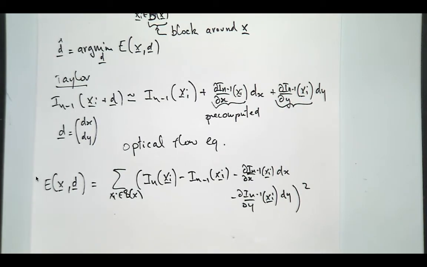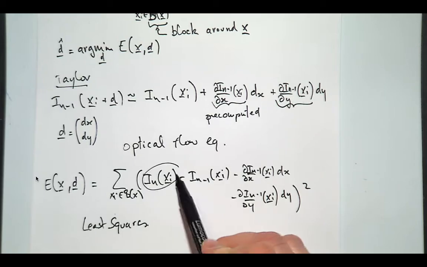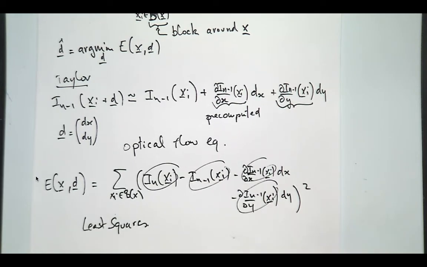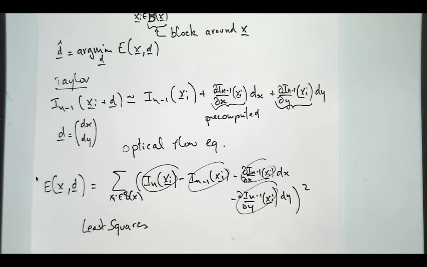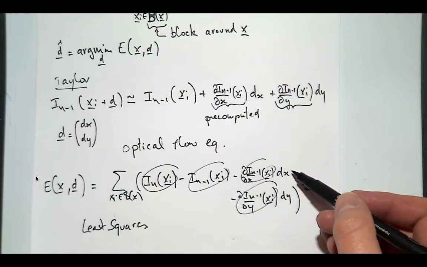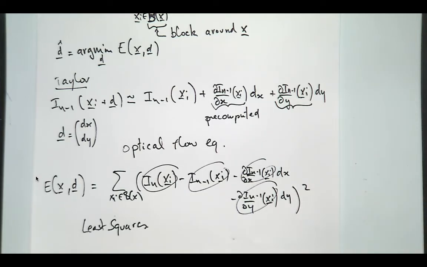All right. This is actually least squares, because here it's a linear model. So this and this are just scalar numbers. They're just your coefficients that you can pre-compute. And dx and dy are the coefficients you're looking for. And so you have here a linear equation, and you're trying to find the minimum of that square. This is least squares, and we know how to solve that.